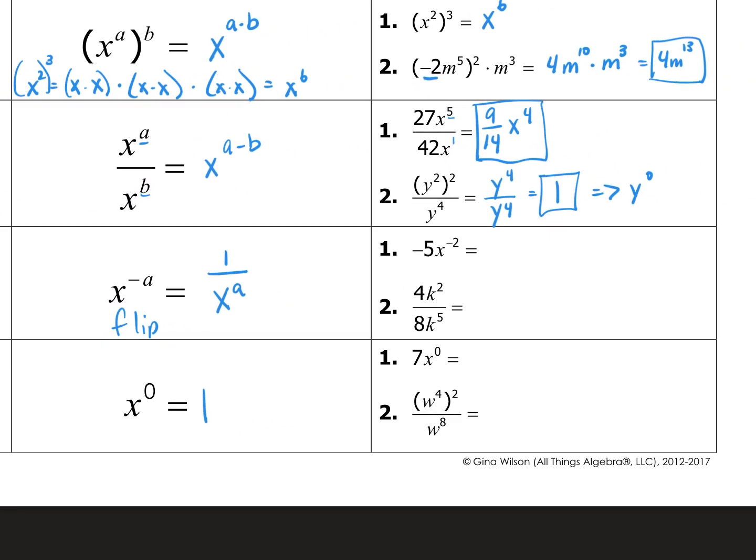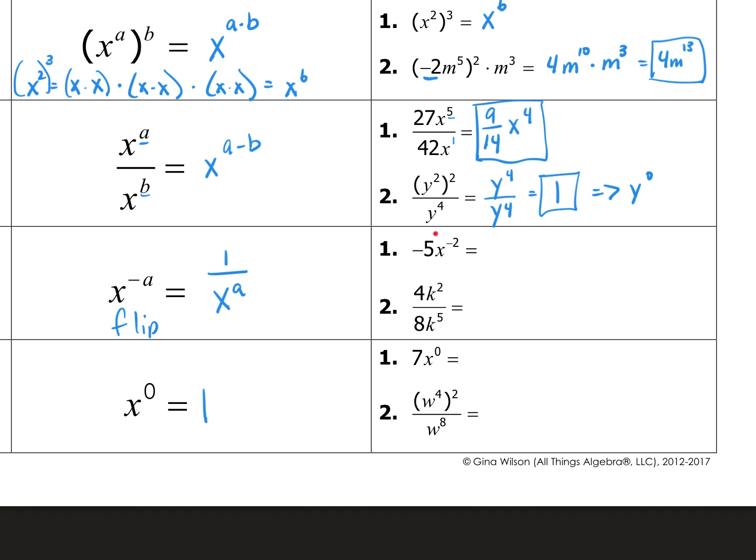Example 1 says negative 5x raised to the negative 2. Something that's really important that I want to mention is that this negative 5 is not associated or tied to this exponent. This exponent only belongs to the x. Now, when you look at example 2 up here, where it says y squared raised to the second, if you had a number right here, for example, you would include it because it is within a parentheses.